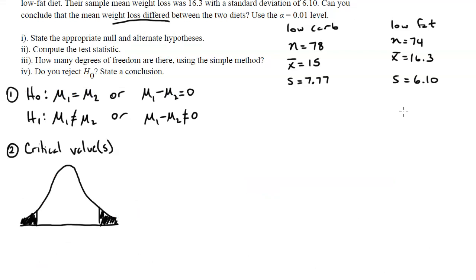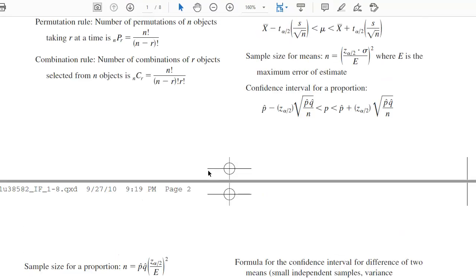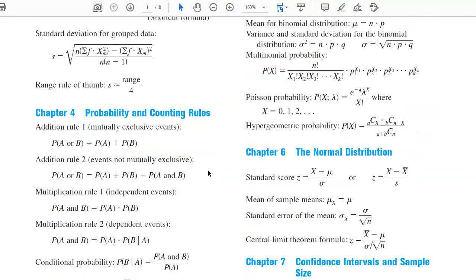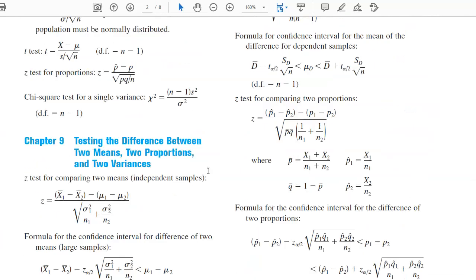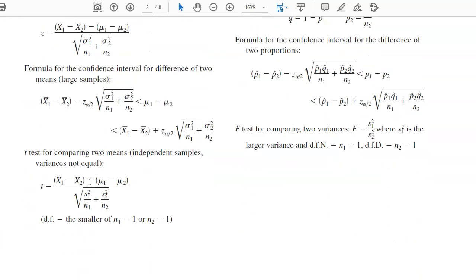This is not a z-test. This is a t-test, right? So let's look at something before we go there. This is a two-sample t-test, for two samples, two means. The degrees of freedom for that is the smaller of n1 minus 1 or n2 minus 1.